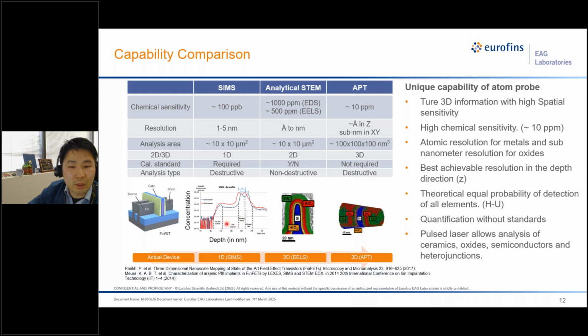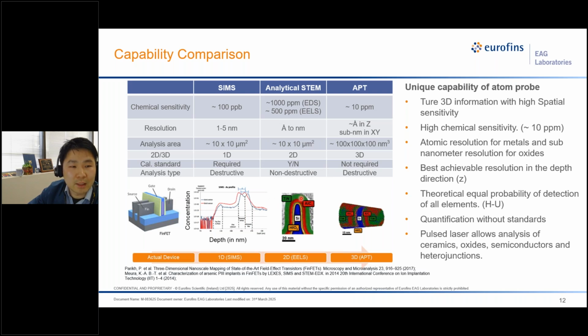And the picture below gives you a flavor of the strengths of each technique. SIMS provides the best chemical sensitivity in depth profiling, but if you want to analyze a complex three-dimensional structure, SIMS doesn't have the necessary spatial resolution to resolve the small features.